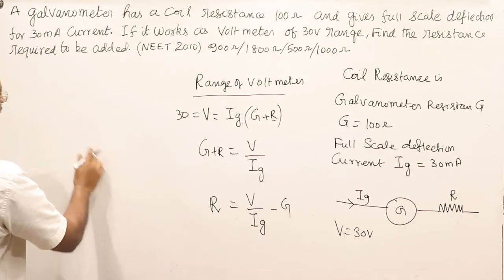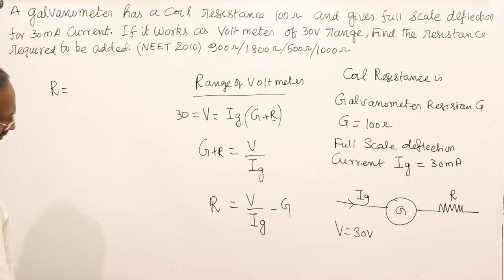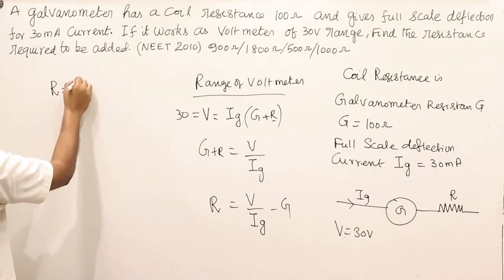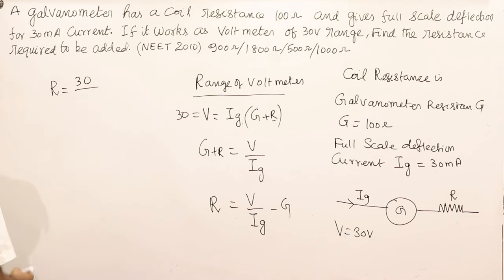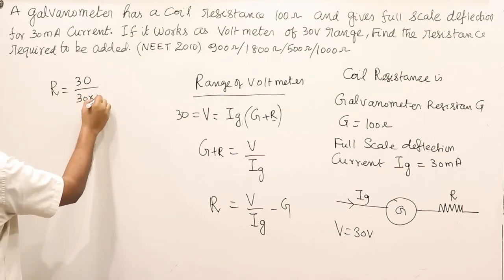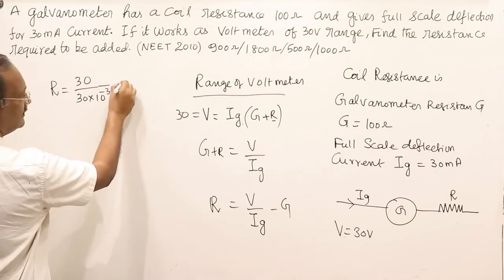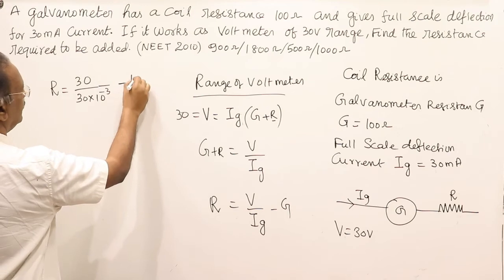So the resistance to be added is V, that is 30, divided by Ig, which is 30 into 10 to the power minus 3 ampere, minus G. G is equal to 100.